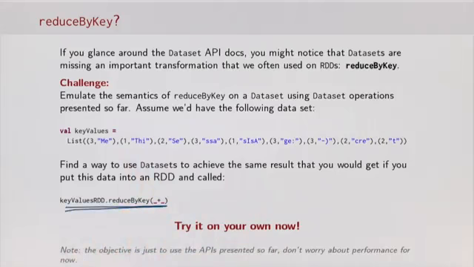So if you pretended that these pairs were in a pair RDD and then you called reduceByKey on them, and you passed this function here, my challenge to you is to compute the same logical result using some of the operations that I've just showed you, but to do it instead on a dataset. I really want you to try this on your own, so I'm going to give you a moment to try it yourself.